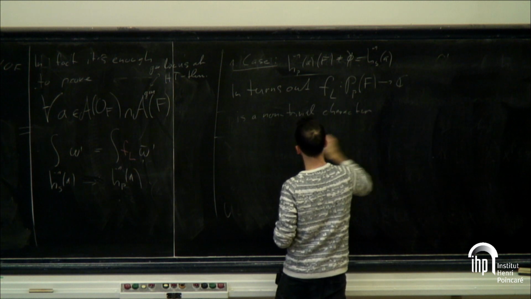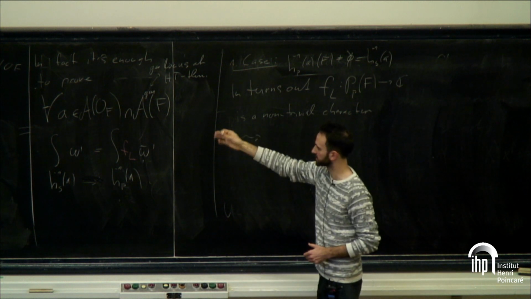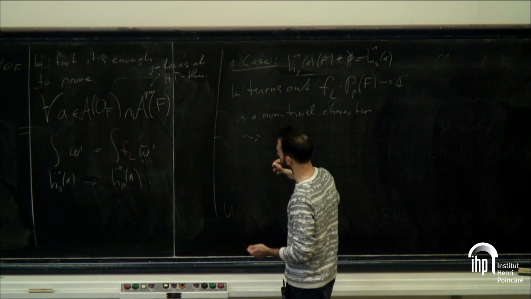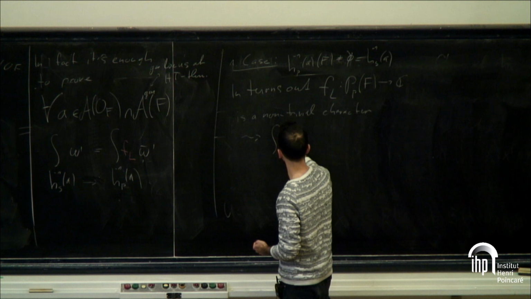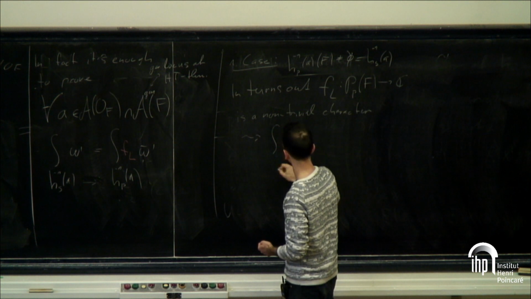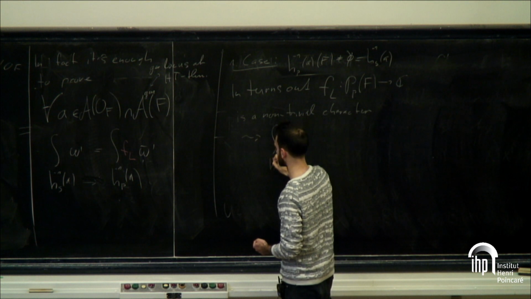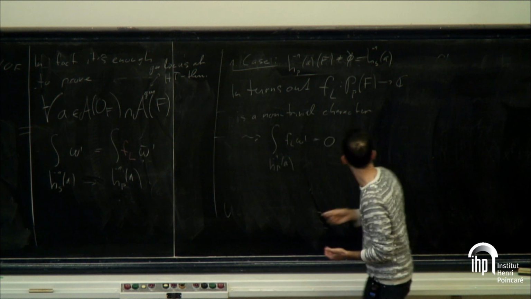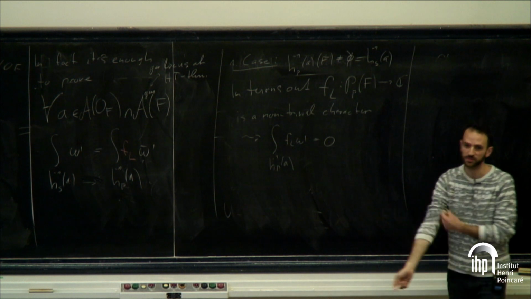And if you integrate some non-trivial character over a group, you get 0. So in this case, it is 0, which is what we wanted because the other side is 0 trivially.